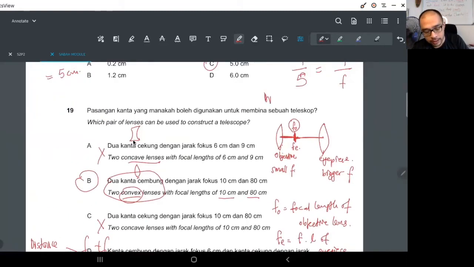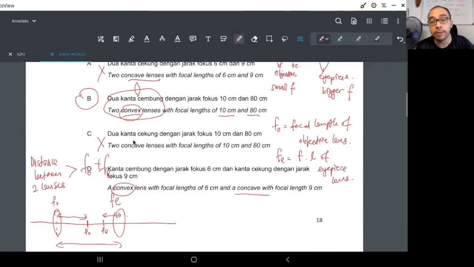The distance between the two lenses is FO plus FE, exactly fitting. But for microscope, because you want to make something small become very big, you need to add to the distance between the two lenses. So the distance between the two lenses must be more than FO plus FE, in order for this to work.